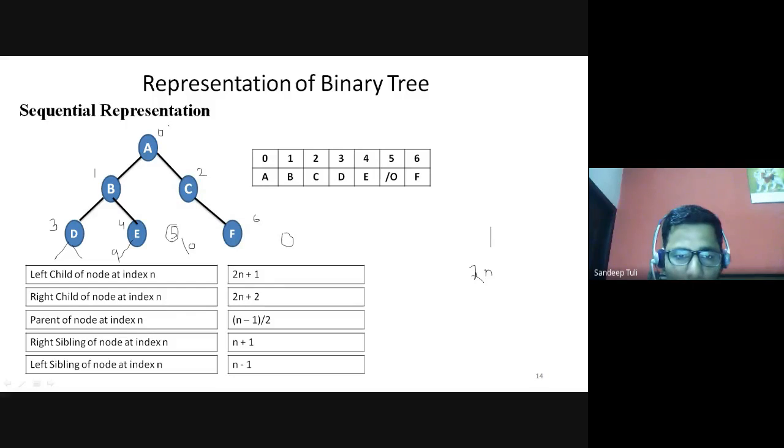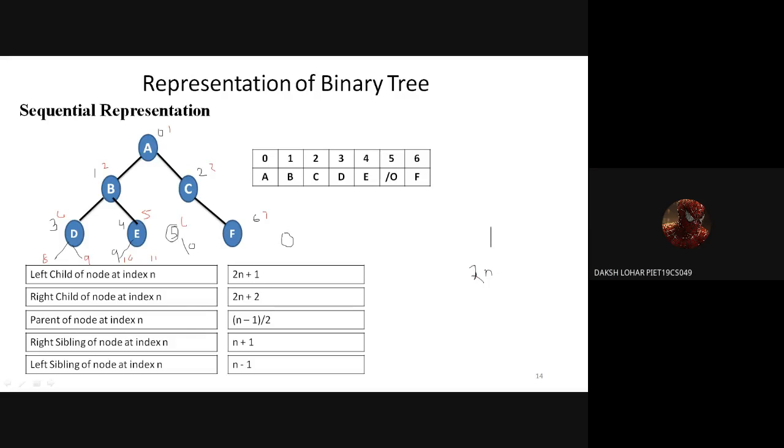It will be 1, 2, 3, 4, 5, 6, 7, its left child will be 8, 9. Now you see that? Is it okay? Now is 2n okay? Yes, sir. 2n is okay.